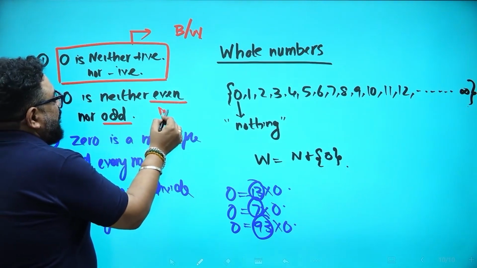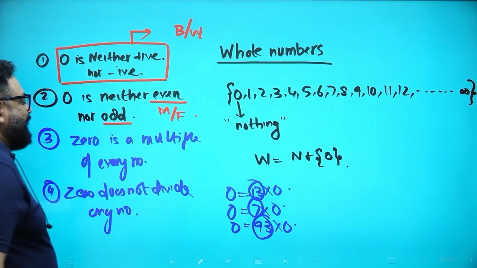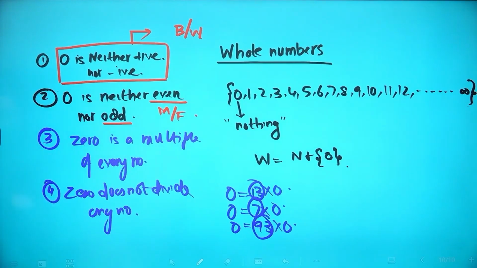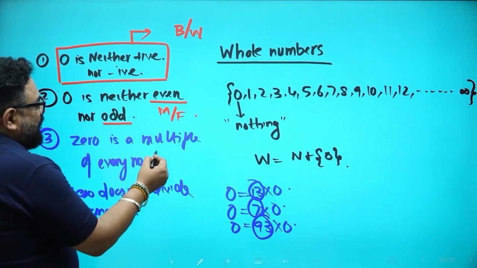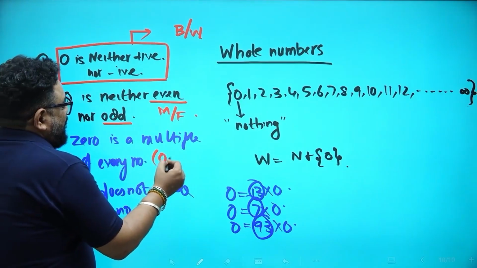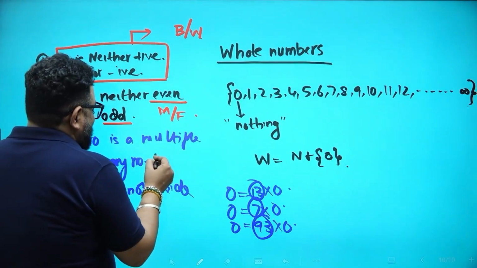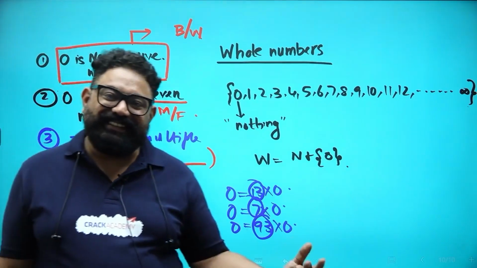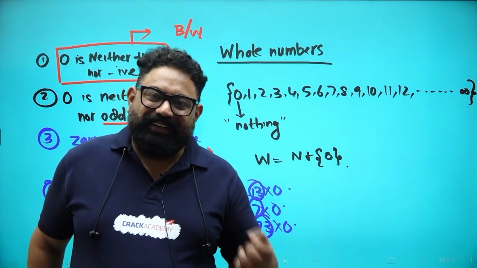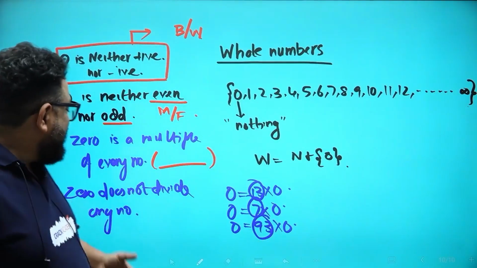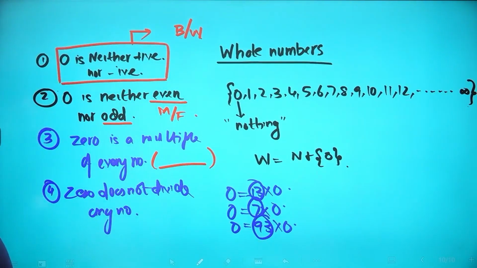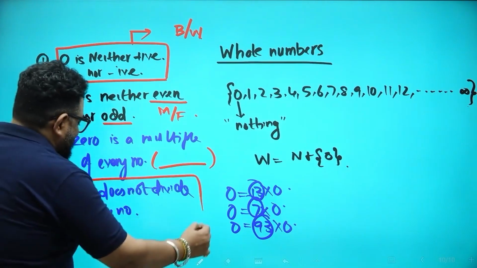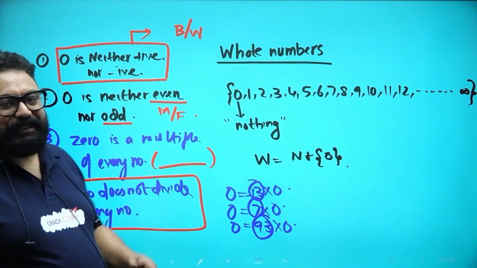God is neither male nor female. 0 is a multiple of every number. God lies in all of us, like 0 is a multiple of every number. God lies within us, and 0 does not divide, the same as God also does not divide us.